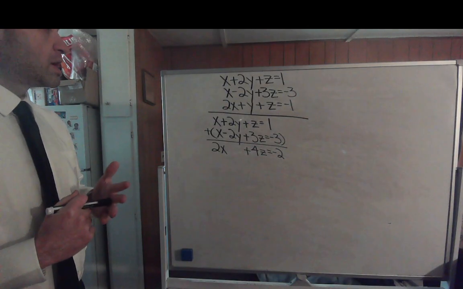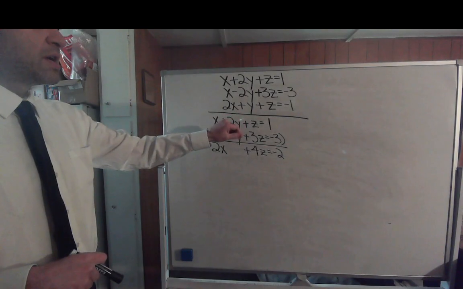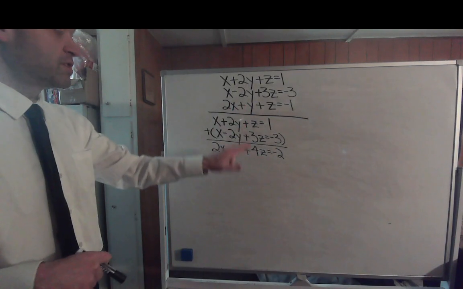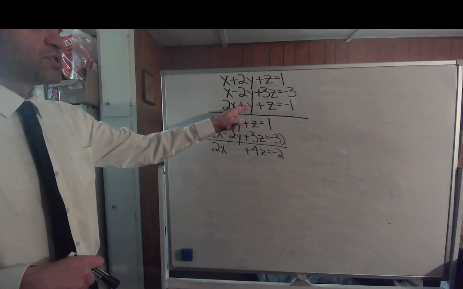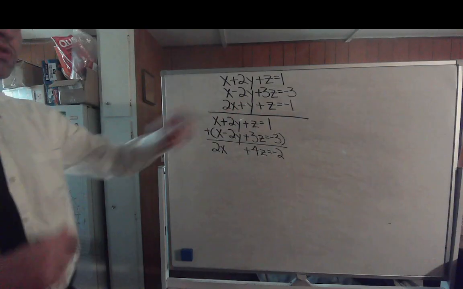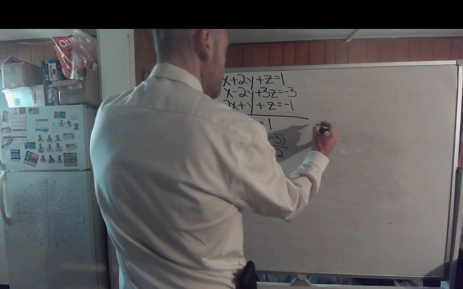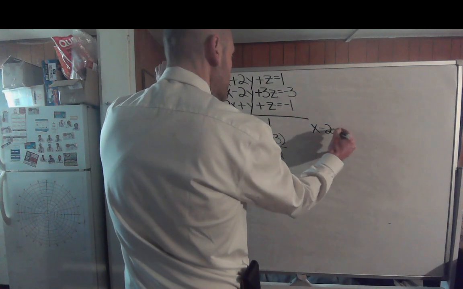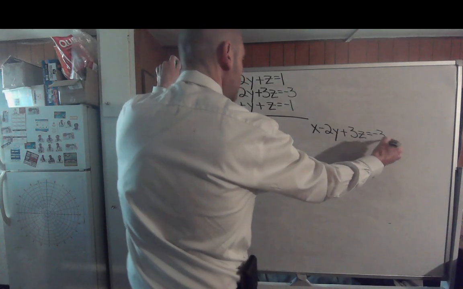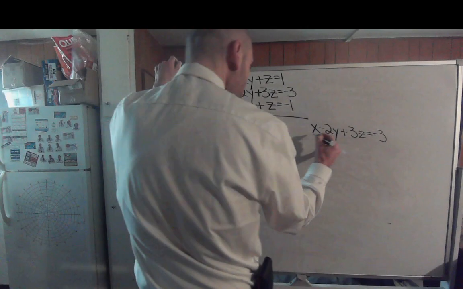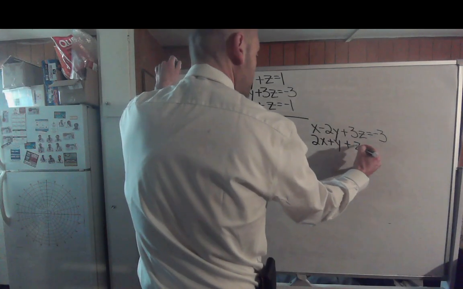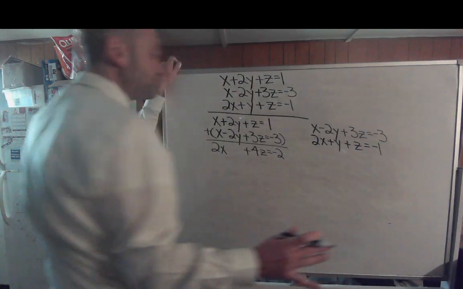Now, why don't we look at the second and the third? Because we want to eliminate y, but you have a negative coefficient and a positive coefficient. If I multiply the third equation by 2 and add the second and third equations together, I can also eliminate the y variable. So x minus 2y plus 3z equals negative 3, and 2x plus y plus z equals negative 1.